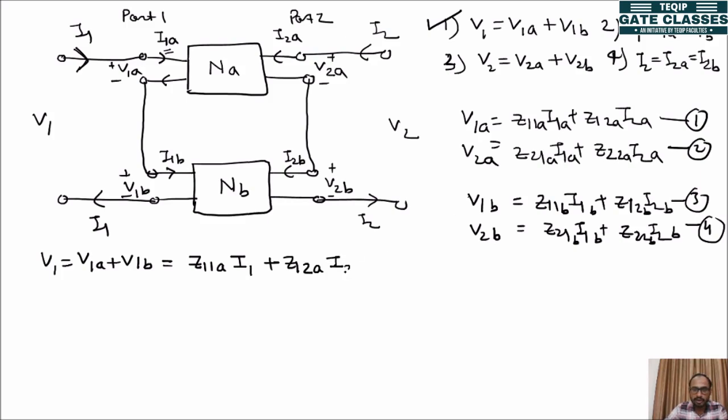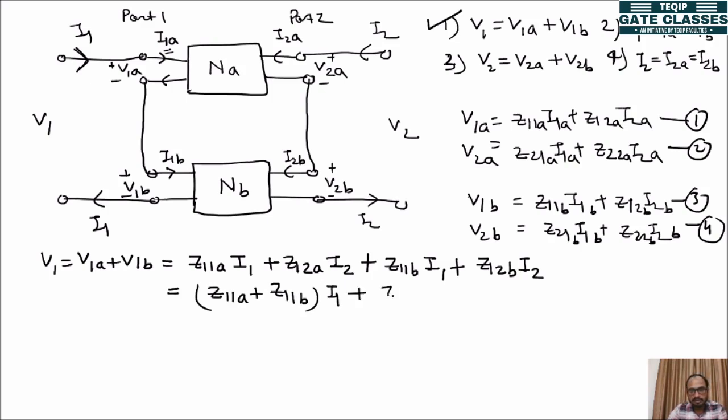Plus now V1B: Z11B I1, plus Z12B I2, since I2B is equal to I2. So we got this. Now take I1, I2 common, then you will get (Z11A plus Z11B) I1 plus (Z12A plus Z12B) I2. This is equal to V1.